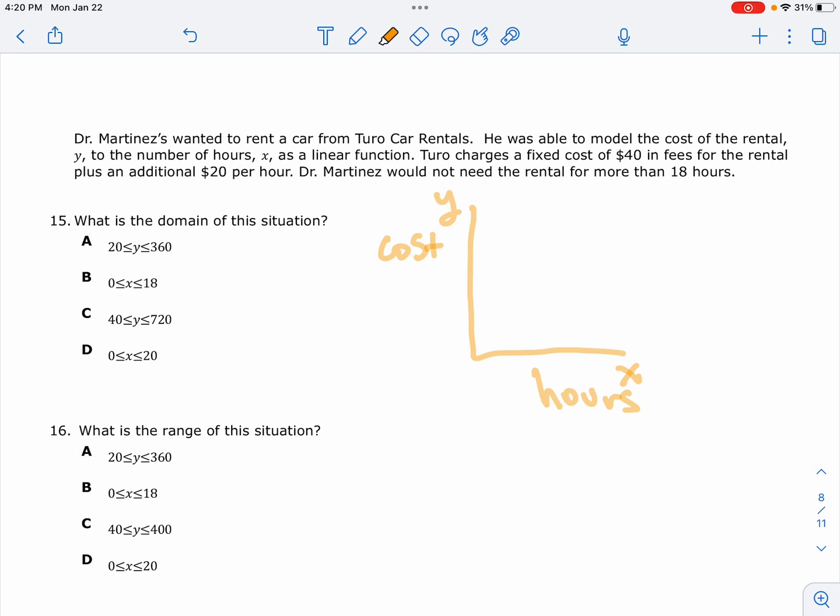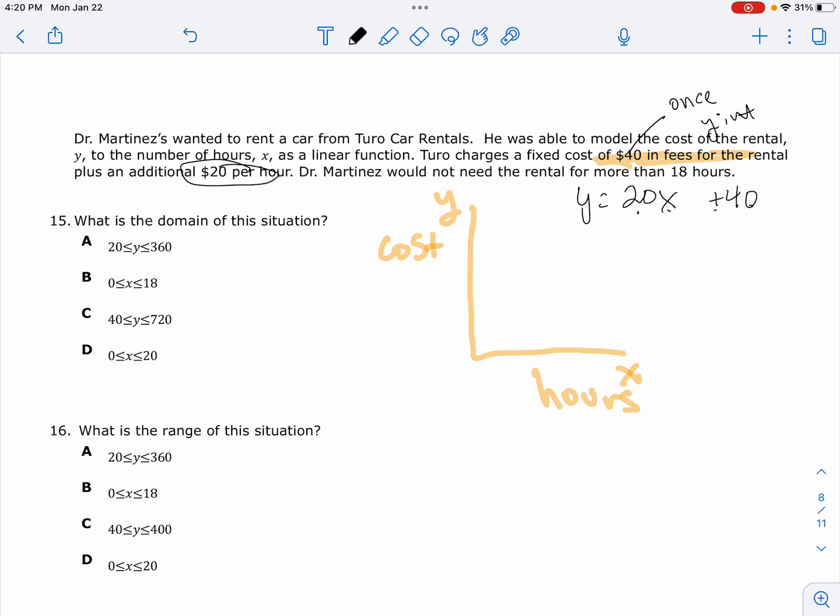It charges a fixed cost of $40 in fees for the rental plus $20 per hour. Fixed cost of 40 in fees means as soon as you get it, you have to pay that. That's your y-intercept. Happens once. If I was going to write the equation, that would be your plus $40. And then an additional 20 per hour, that is your slope. 20x, there's your slope. Y equals 20x plus the $40 fixed rate.